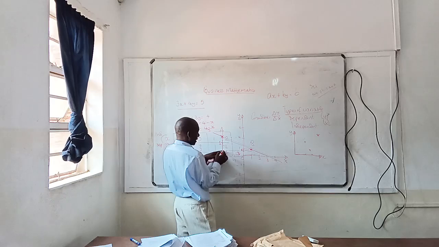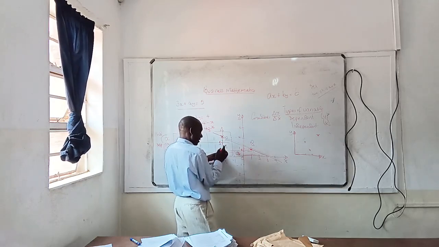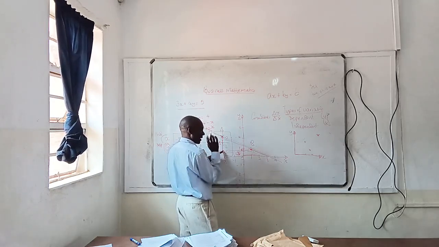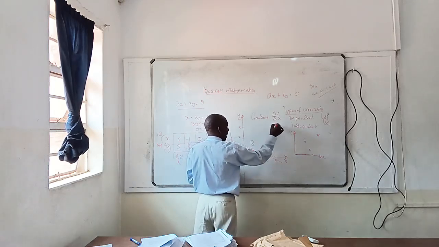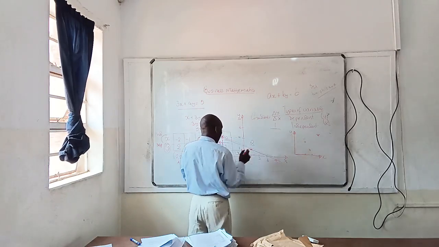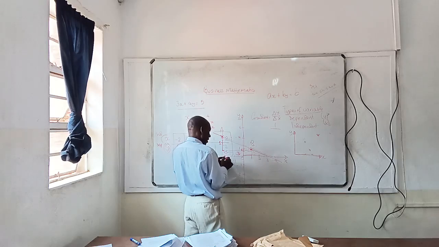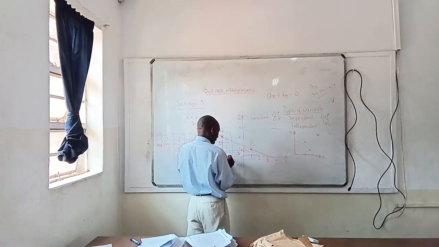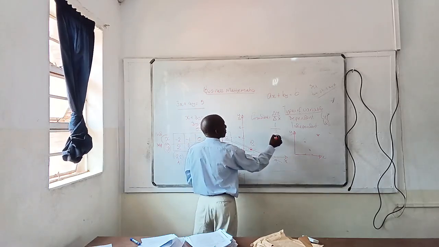Change in y is from here to 2, which is 1. How many boxes are there from here to here? It is 1, because this is 1, 2. Take 2 minus this one, it is 1. Therefore, it is 1 over change in x. For change in x, you are calculating how many boxes are from here to there. So you say 1, 2, 3. Therefore, this is your gradient.